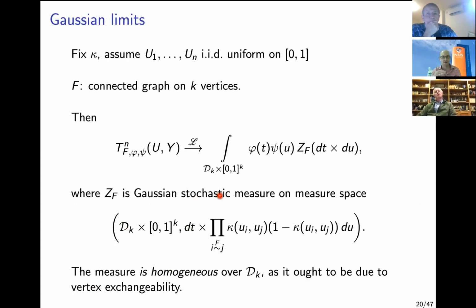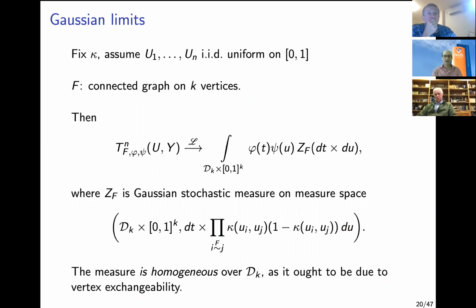If you want to get rid of this vertex label variance and set psi equals 1, you integrate that part out. You get a homogeneous white noise on dk with infinitesimal variance equal to the integral of this object against du, which is just a constant, homogeneous across the whole field dk.